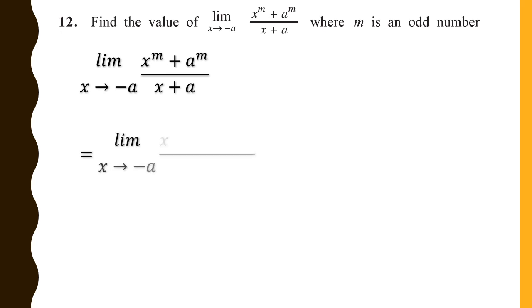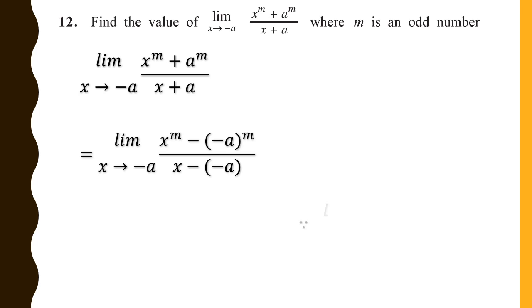So this is how I'm going to convert it as a double negative. Now this is only possible because m is an odd number. If your value has a power of an odd number, there is a chance that your value can be negative. But if it is an even number, then it has no chance of being negative, because here the middle sign is plus, so that we can use the double negative here.